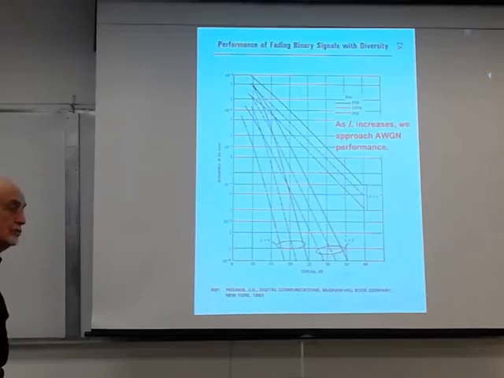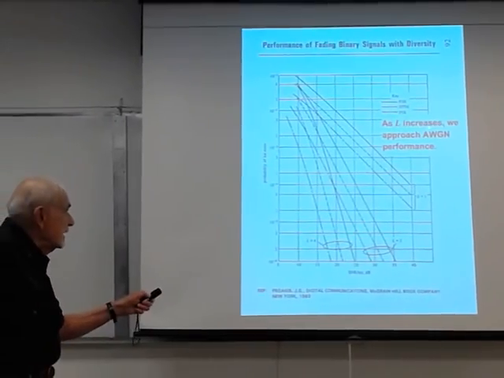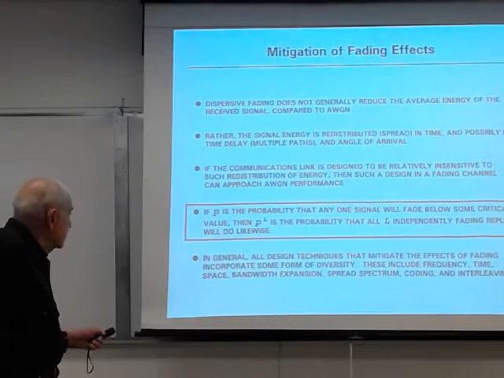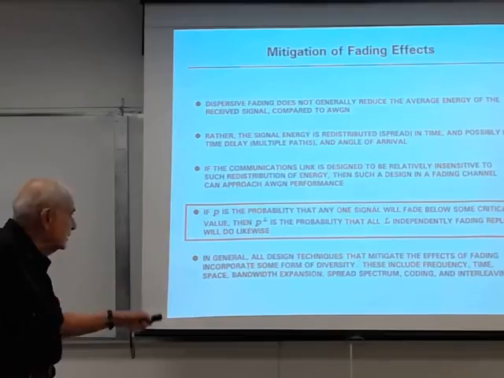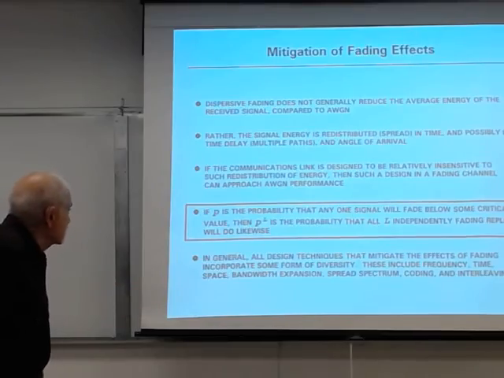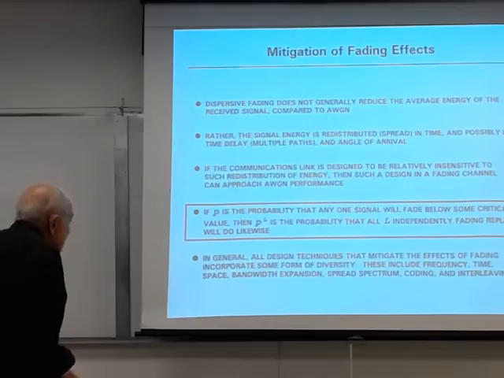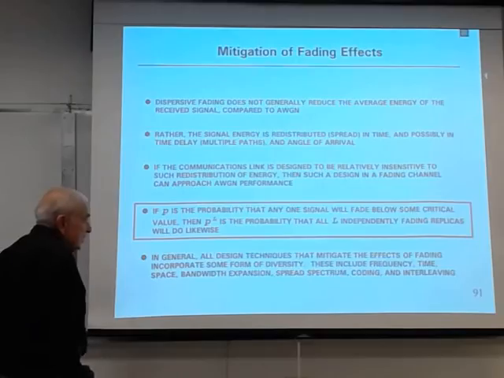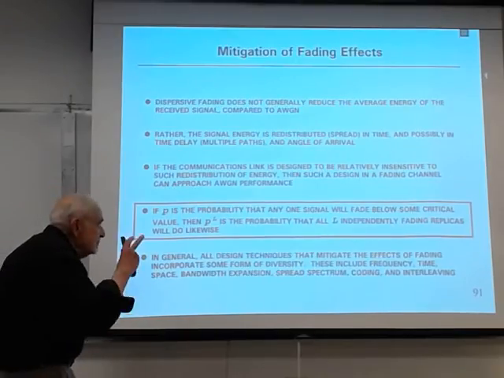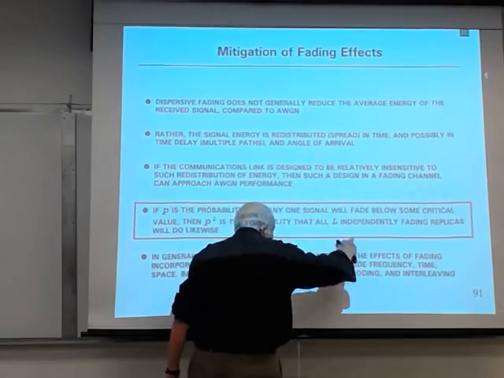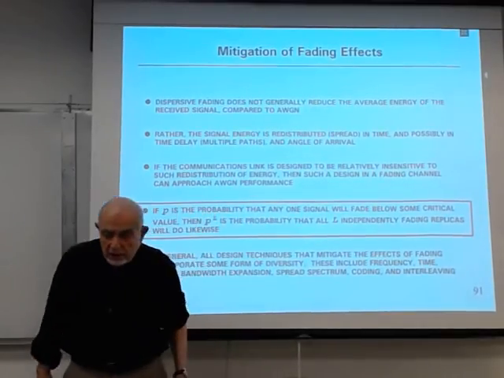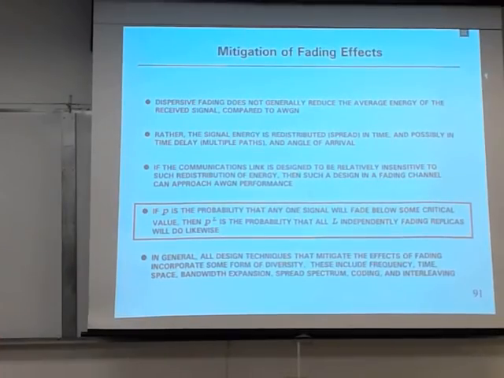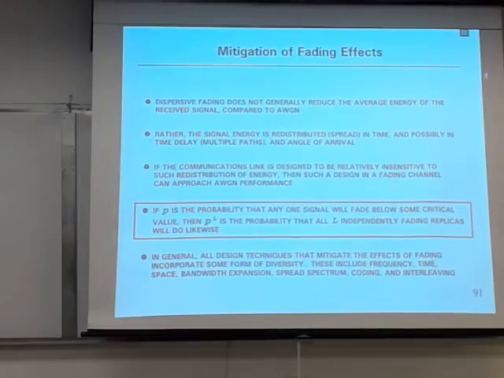Okay. This is just to show you that if L represents an independent, let's see, if little p is the probability that any one signal will fade below some critical value, then p to the L power is the probability that all L independent fading replicas fade. So independent is an important word here, because you don't want these additional copies or looks at the signal to be highly correlated to something that might have been crappy before.